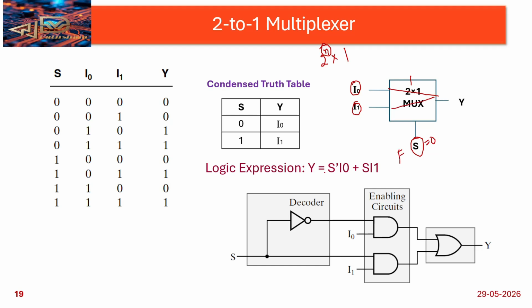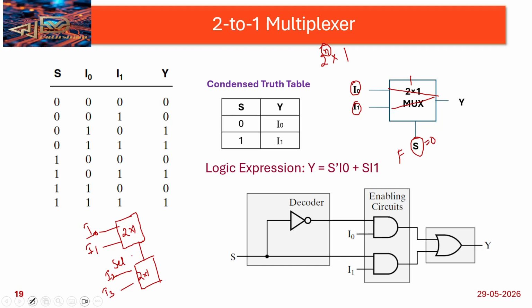Now I need to design that 4 by 1 mux by using 2 by 1 muxes. See, not only 2, we will use three 2 by 1 muxes here. This is a 2 by 1 mux with inputs I naught and I1, and here is the select line. Another 2 by 1 mux takes I2 and I3. So four inputs will be considered here.